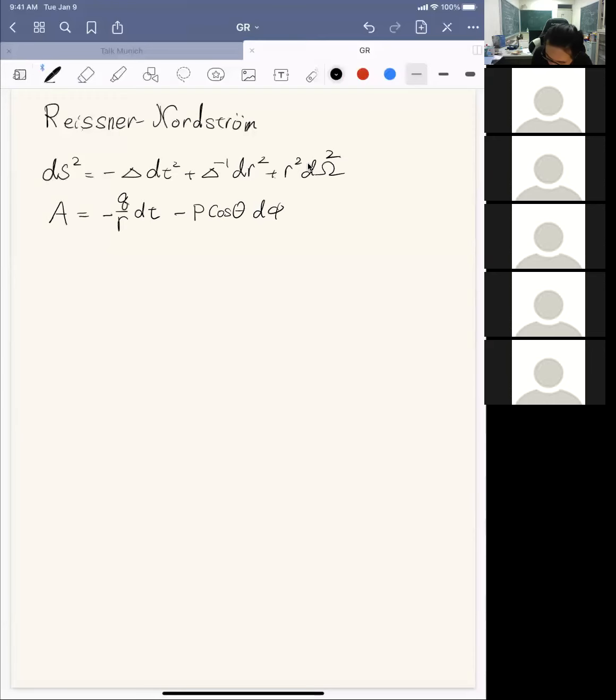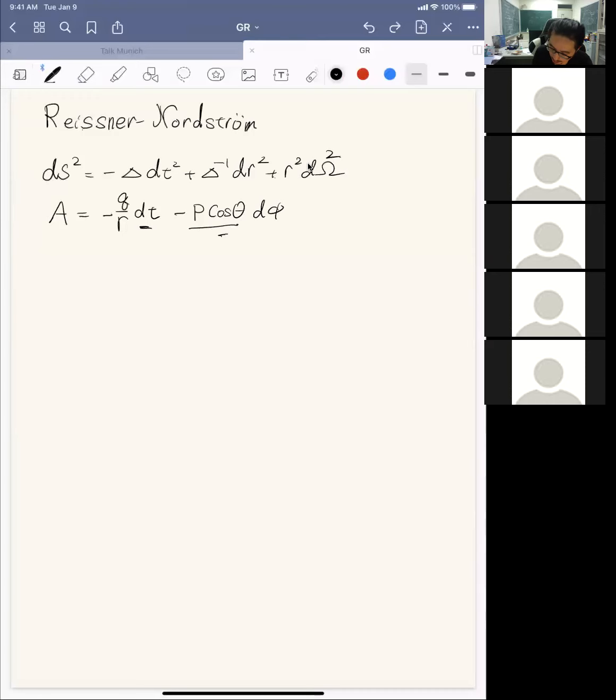Usually we don't have this piece in our vector potential. When you only have electric fields, you only have the time component piece. But when you have magnetic fields, you also have this extra piece here, which is associated with the fact that you have magnetic charge. So P will be my magnetic charge, Q will be my electric charge.